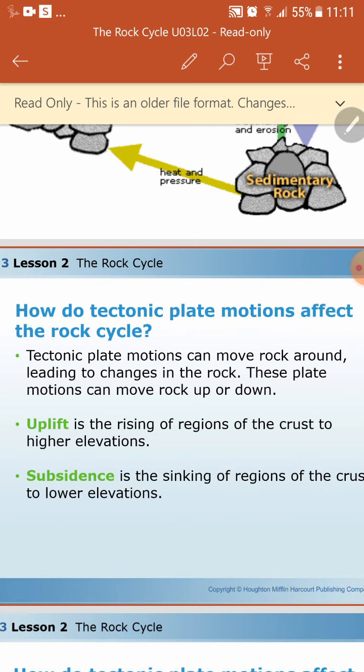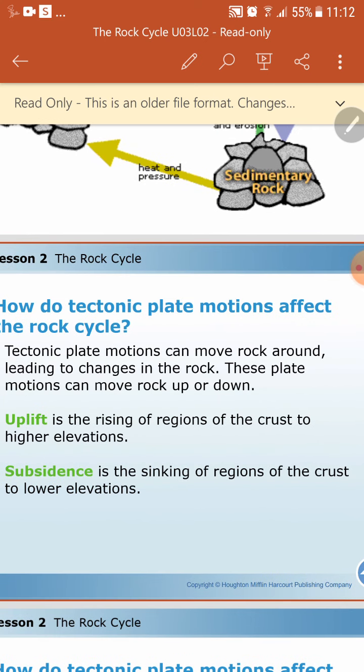This can result in moving up or rising up the regions of the crust to higher elevations. This is called uplift. The opposite of uplift is the subsidence. Rocks come up, rocks go down.